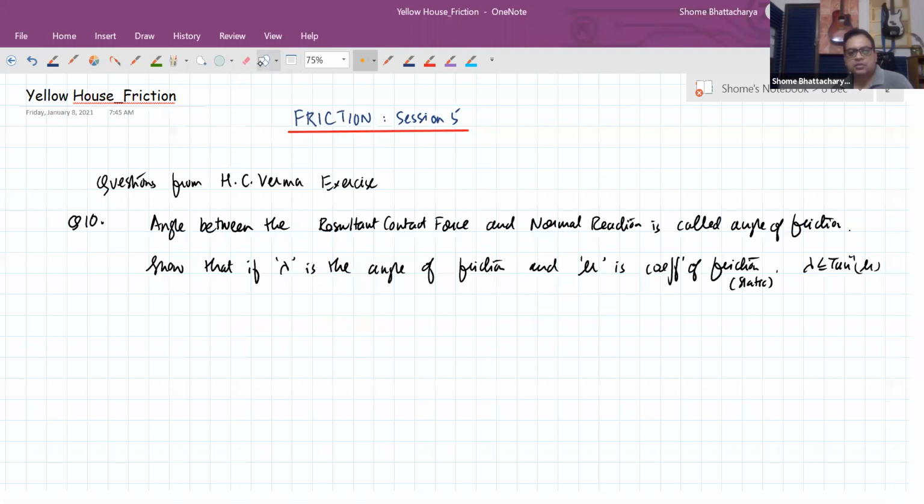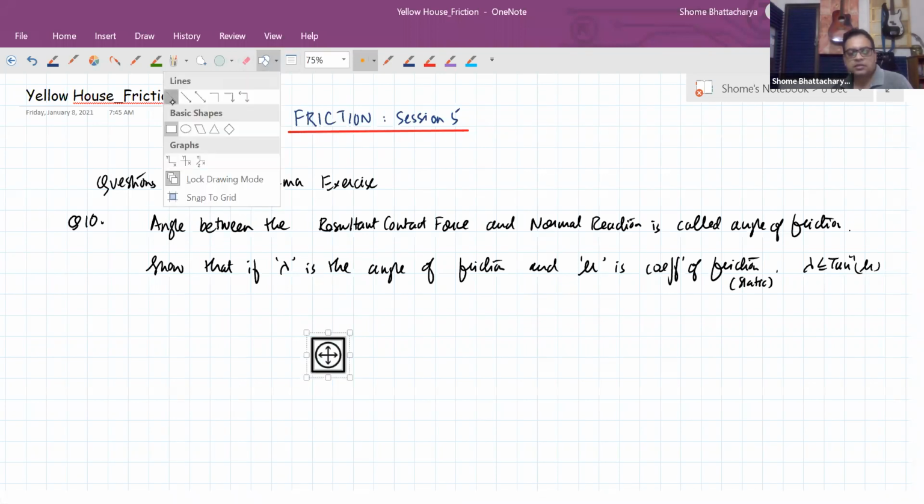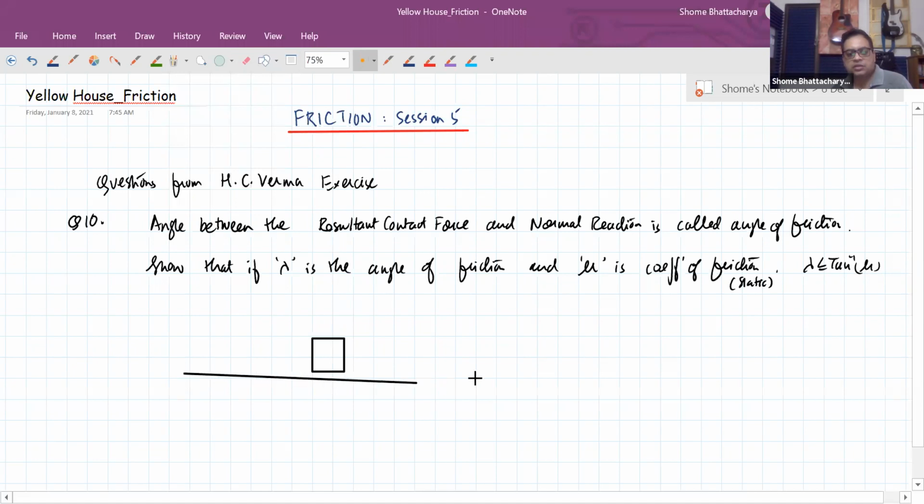Okay. So let me explain the question to you, then you can try working this out yourself if you haven't done this before. It says that if you have a body, let's say, lying on a rough surface, so it has coefficient of friction mu, including static friction.